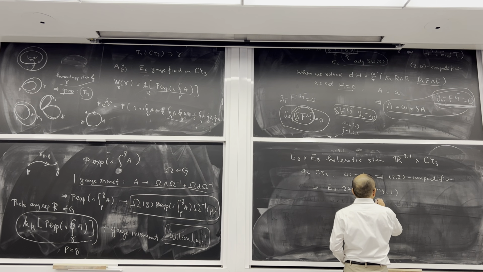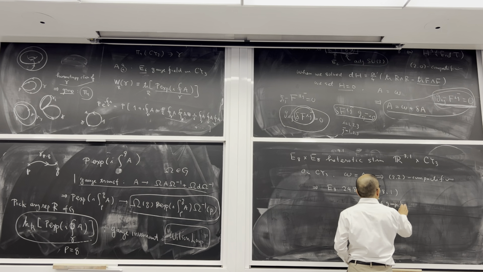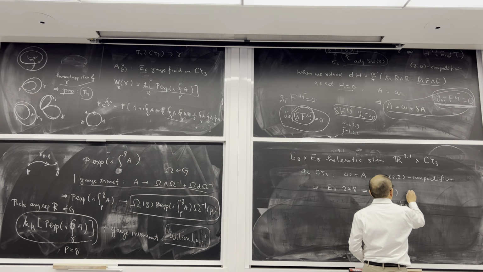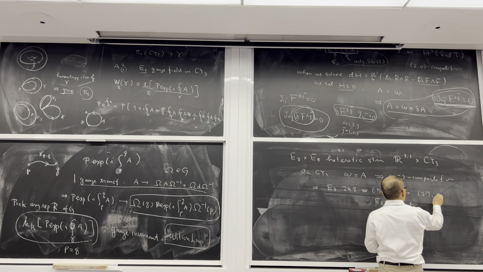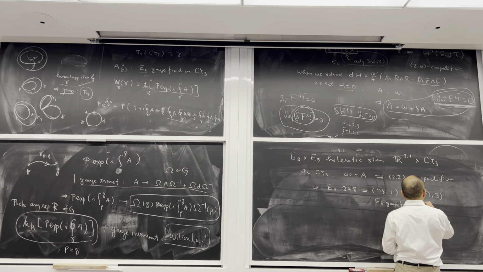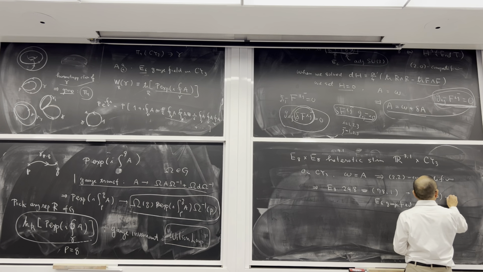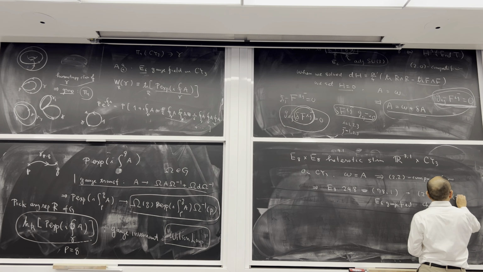(78,1), which gives rise to the E6 gauge field, plus (27,3), which is chiral fermion, and then (27bar,3bar).